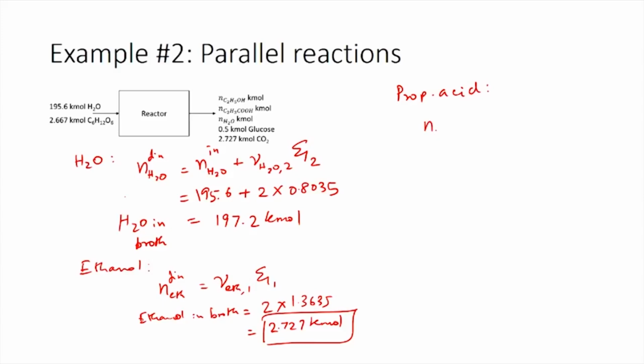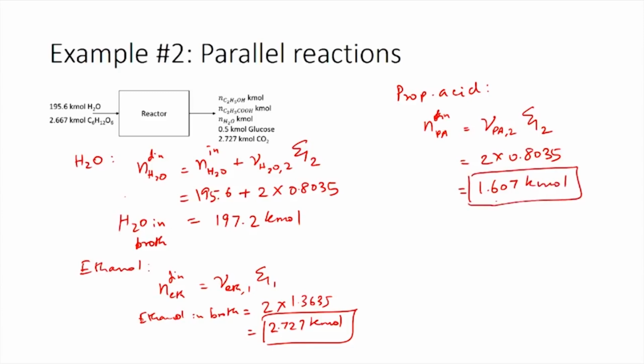So, propanoic acid in the final condition would be equal to stoichiometric coefficient of propanoic acid in the second reaction times extent of reaction for the second reaction, which is 2 times 0.8035, giving you a value of 1.607 kilomoles. With this, we have the number of moles of each of the component present in the final broth.